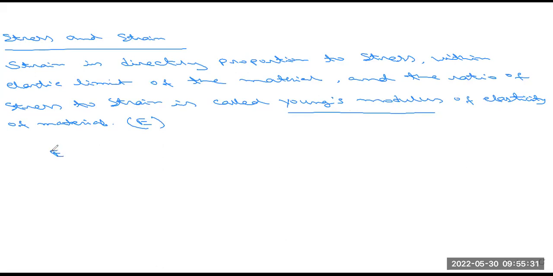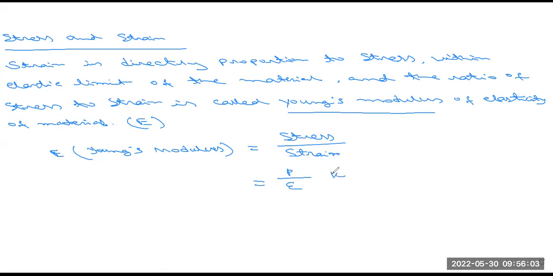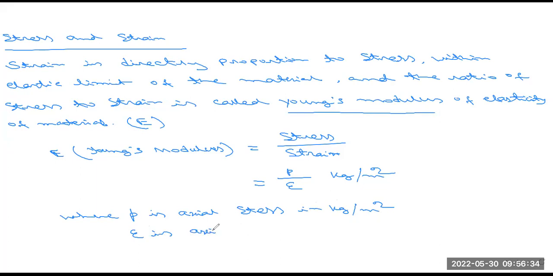So capital E, that means Young modulus, is equal to stress by strain, and here we express the stress by strain as small p by epsilon, and the unit is kg per meter square, where P is the axial stress in kg per meter square, and epsilon is the axial strain.